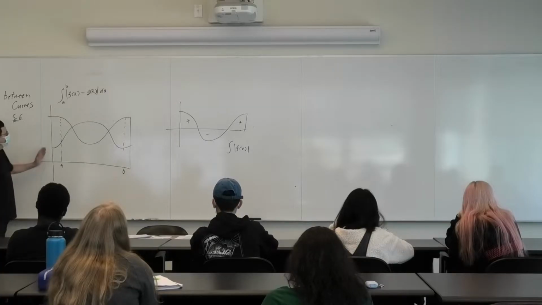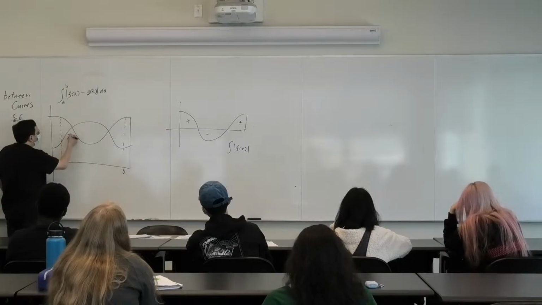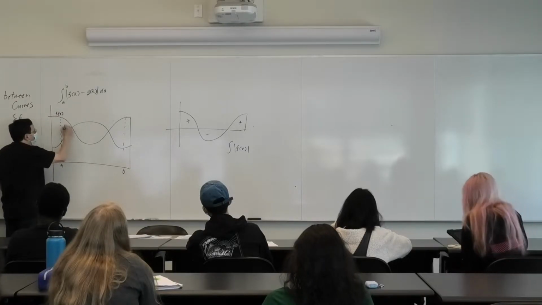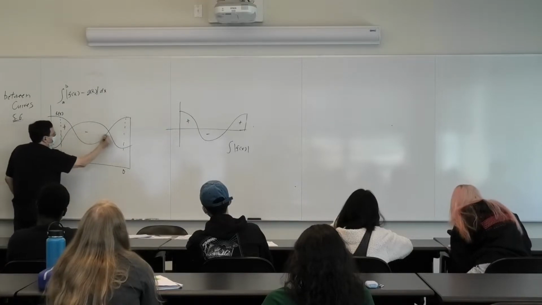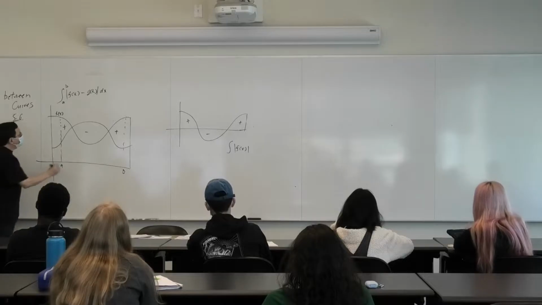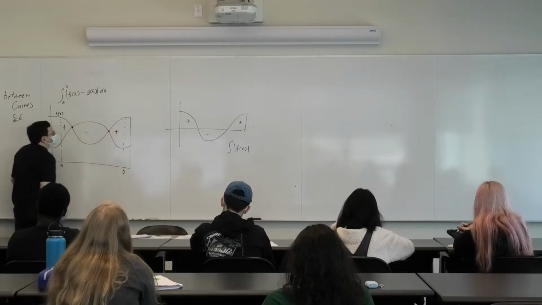Well, in order to do this, assuming this is f of x, this will be positive area, this will be negative, this will be positive. So we're going to need to find these points.